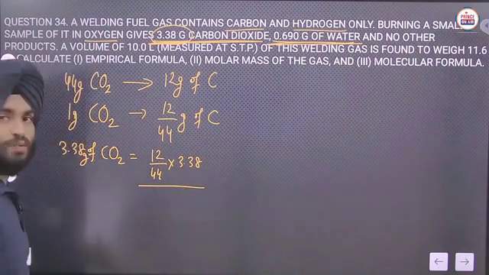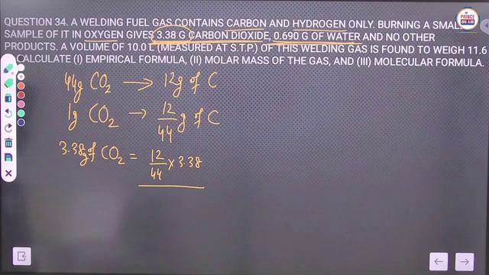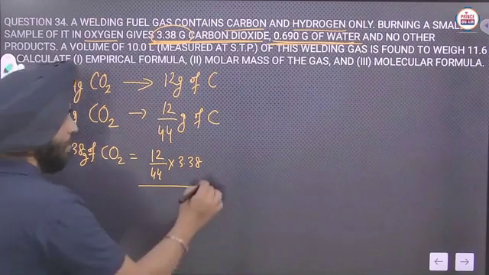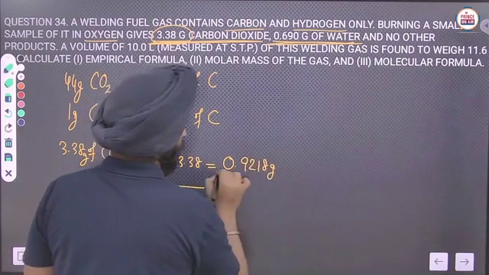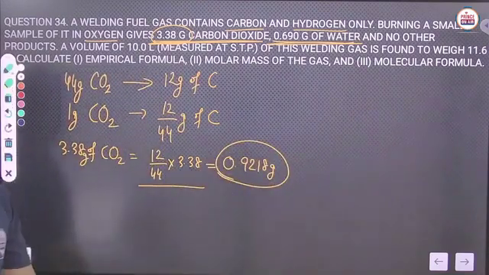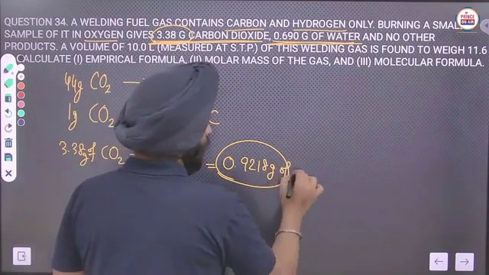Just solve this equation, you will get 0.9218. That is the amount you will get, in gram of carbon.